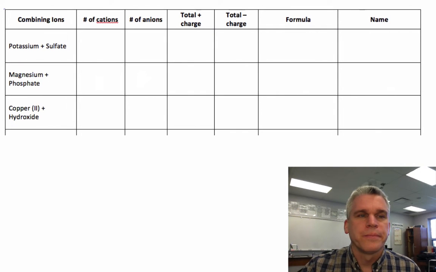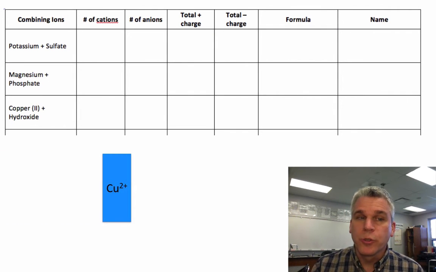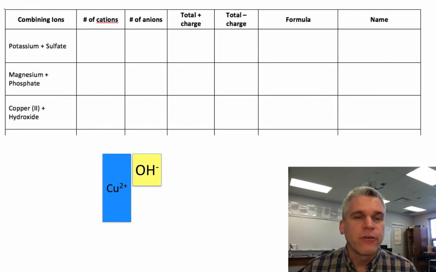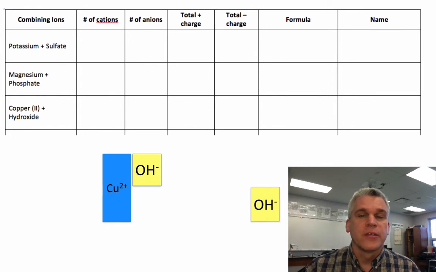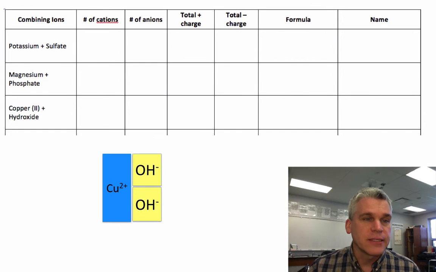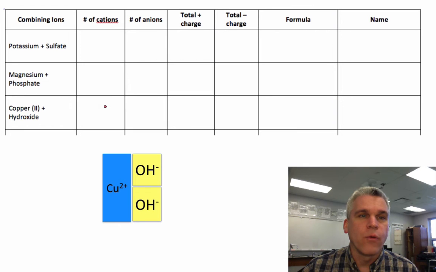Let's do one more. Let's take copper 2, so we know it's a 2 plus, and hydroxide. Now that's a 1 negative. They don't equal one another. So that means we're going to have to add another hydroxide, and now they're equal. So let's fill out our table. We have 1 cation, that's the blue one, 2 anions. The total positive charge is 2 plus. The total negative charge is 2 negative.